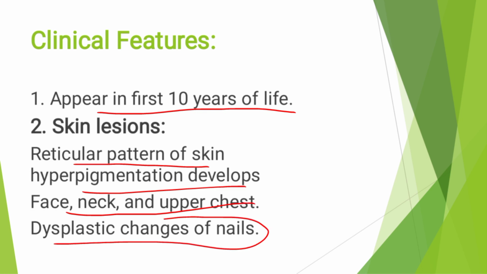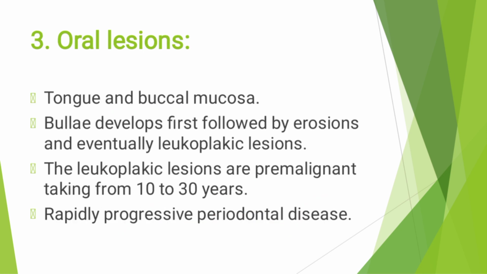Then there are dysplastic changes of the nails. The tongue and buccal mucosa are involved in the oral cavity. Bulla first develops. The bulla erodes, and that erosion eventually becomes leukoplakia.